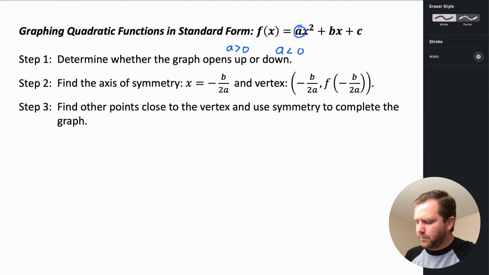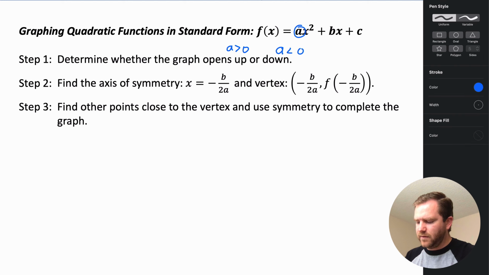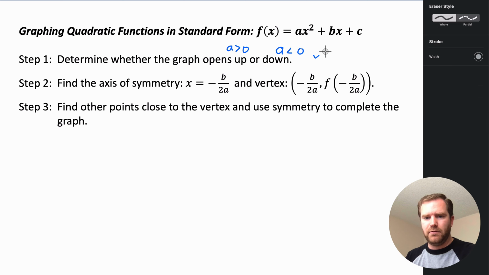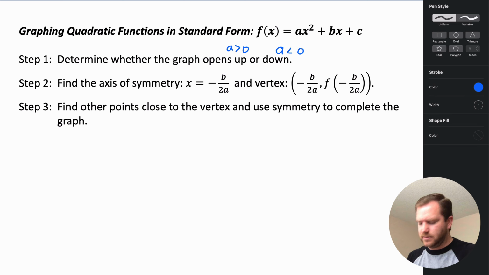The reason we care about this is that it gives us a sense of whether our points are going in the correct direction, and a general idea of what our shape should look like. Opening up would look like this, opening down would look something like this. And we talked about this in that other video where we introduced quadratic equations.